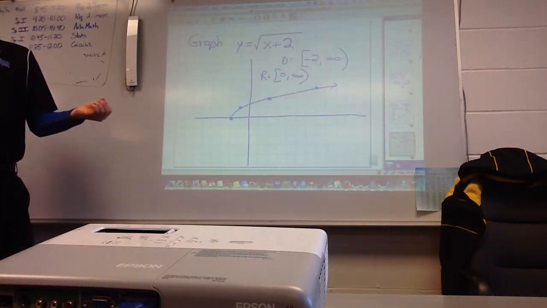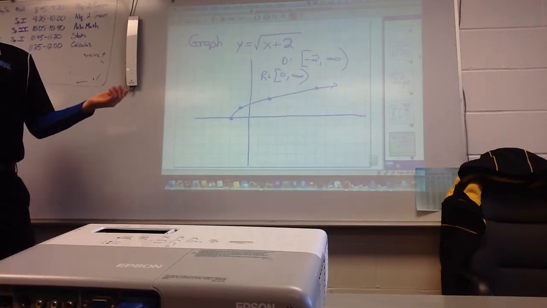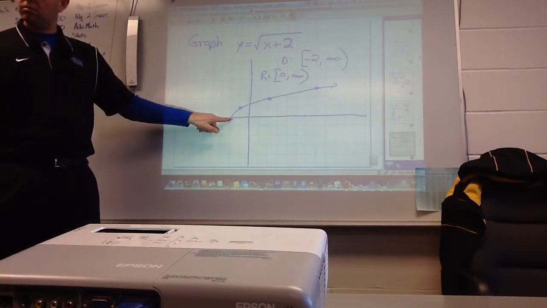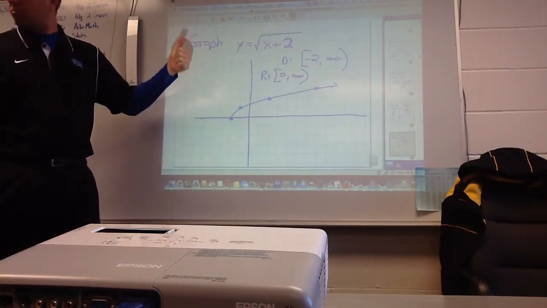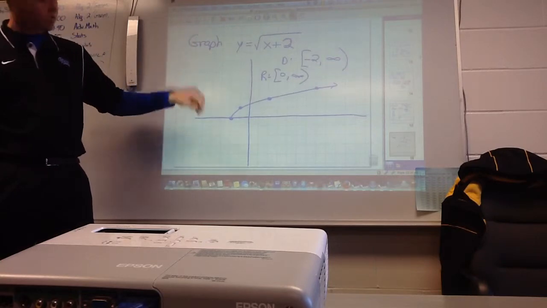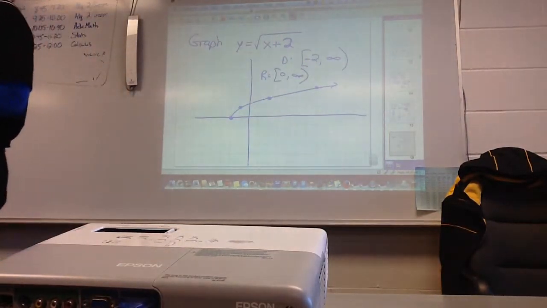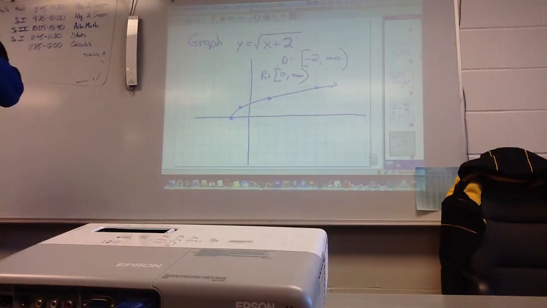The range happened to be the same this time, because what y values does this graph touch? 0 on up, right? So from 0 all the way to infinity again. So there's the graph of y equals the square root of x plus 2.